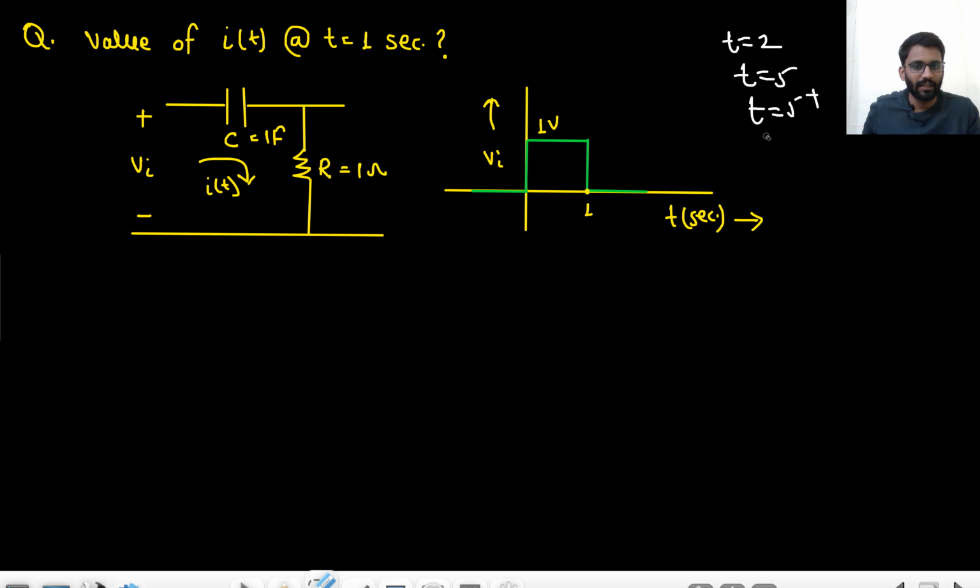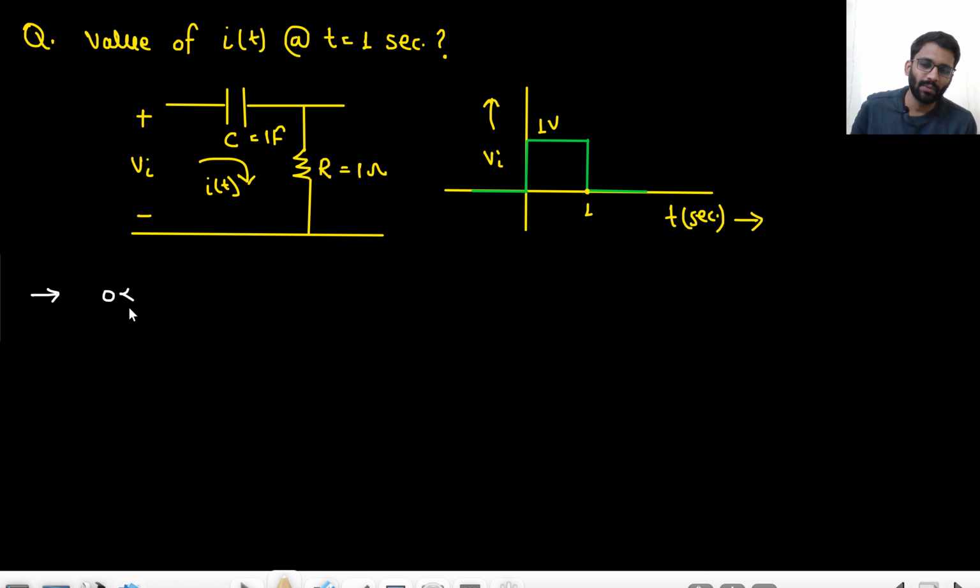This is the way of writing in the GATE examination. The correct way would be to write 1 plus, but I have seen a lot of questions where, if they are asking at t equals 1 second, they are referring to 1 plus.